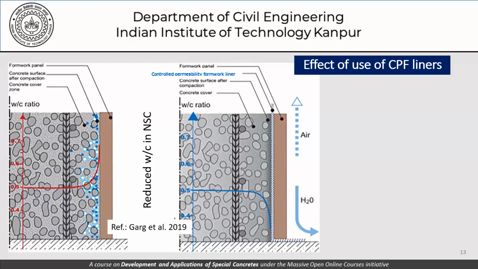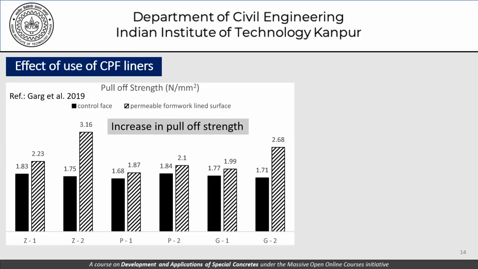And here we are able to see again the representation of the formwork panel, the concrete surface after compaction, and the concrete in the cover zone with this additional water which has been taken out, leading to better quality concrete as far as the surface is concerned. Now here are some of the results that we obtained as far as the effect of use of CPF liners is concerned.